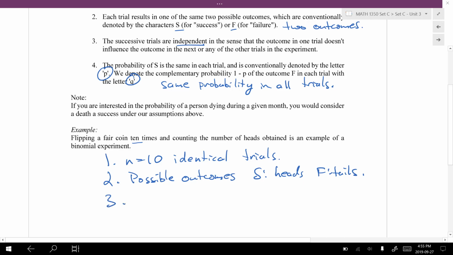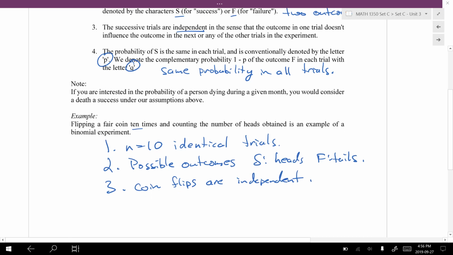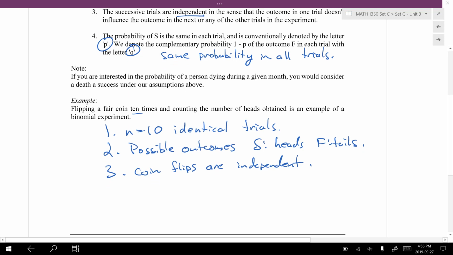That's fine. The third requirement is that each trial should be independent. It's true that coin flips are independent. Believing that if the coin comes up heads 10 times, the 11th will not be 50-50 is the gambler's fallacy. Don't gamble.